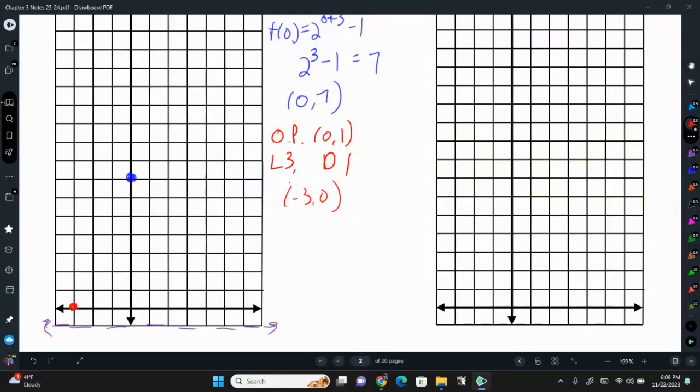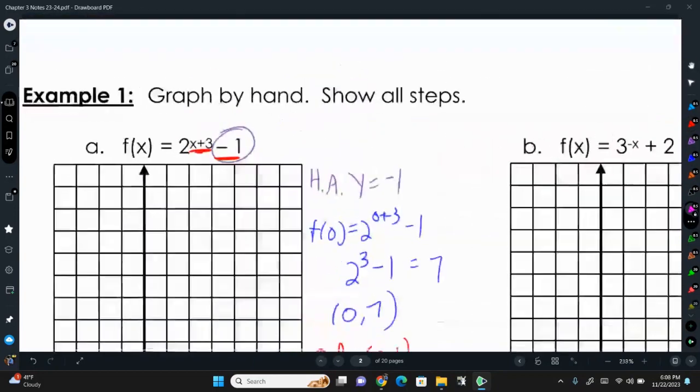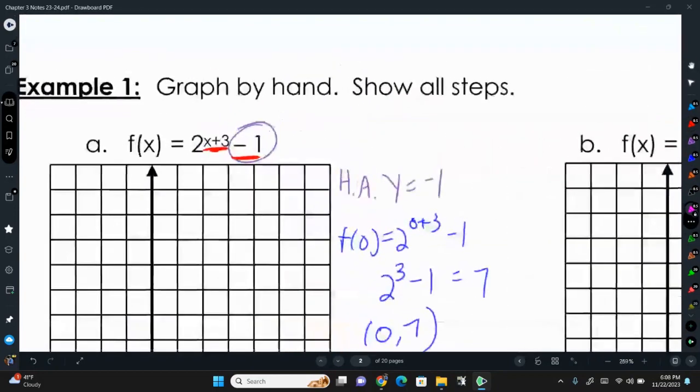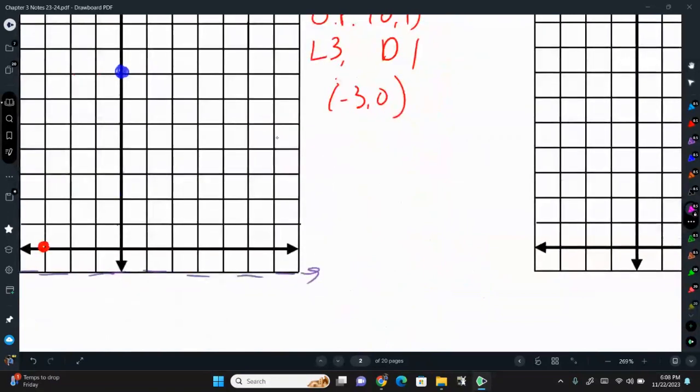Another way of doing it is looking at the original function and saying, okay, what if we could get that to say 2 to the first power or 2 to the second power, some nice integer that we can easily calculate. So what if x was equal to negative 1? So f of -1 is equal to 2 to the second power minus 1, which is 3.